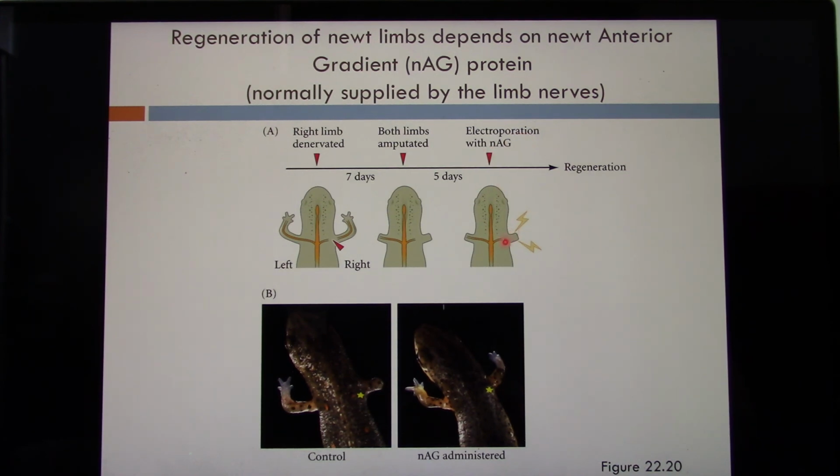And when they did that, they were able to regenerate the limb, and you can see it's a little bit behind this other one that already had that growth factor before electroporation. So he's not going to have a nerve in there to move those things around, but they did get that factor there, so he's going to get a new arm.